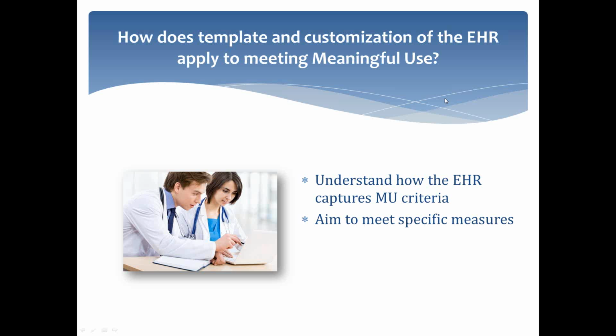For example, with patient-specific education, if you give handouts or pamphlets to your patients, you can include those by scanning or uploading them into your EHR and then emailing them to your patients, or at least tracking that you've given that patient some sort of counseling and education that's specific to them and their problem. That is certainly an area of customizing that's really important for meaningful use.